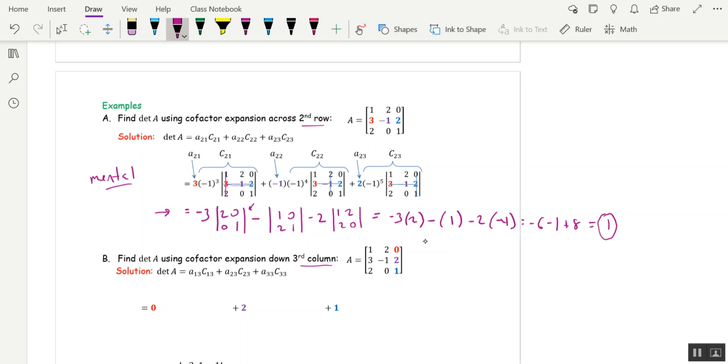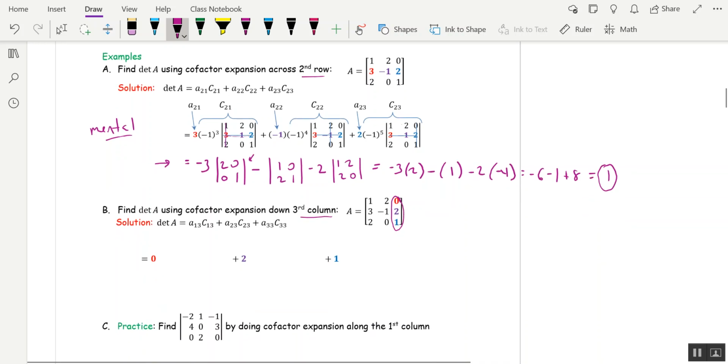Okay, now let's go, same determinant, but now we're going to go down the third column. All right, so I've started this out. We're going to go 0 times negative 1 to the, this is in the 1, 3 spot, so that would be 4. And then the subdeterminant, I cross out the row and the column that 0 lives in, and I get 3, negative 1, 2, 0.